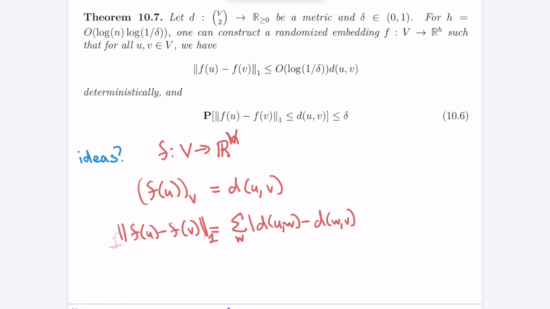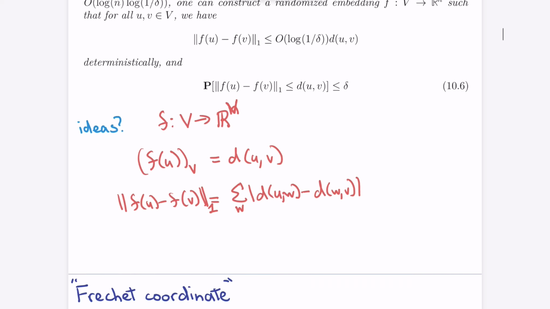Oops, why did I put one there? Yeah, but at least it has the form of something we're looking for. Doesn't work. Well, to some extent, this is arguably not so far off from what we would do.